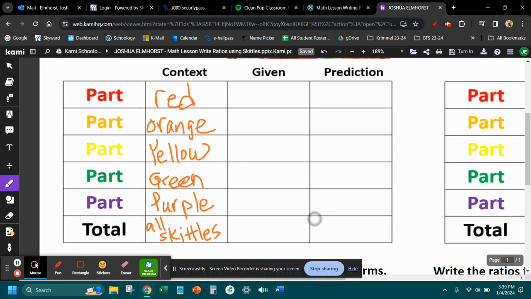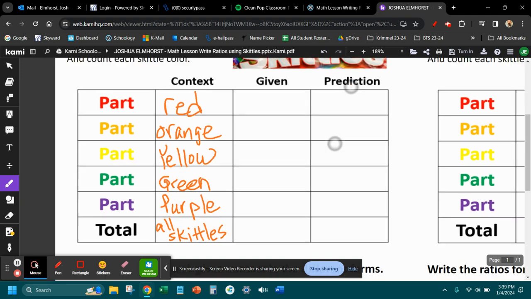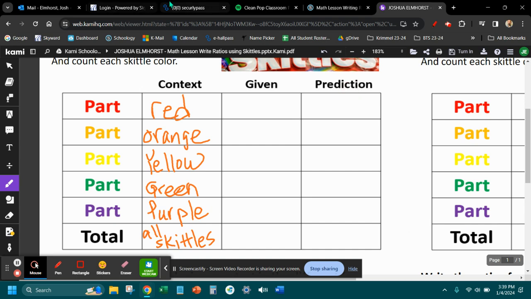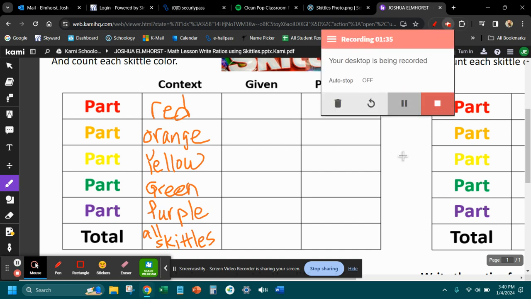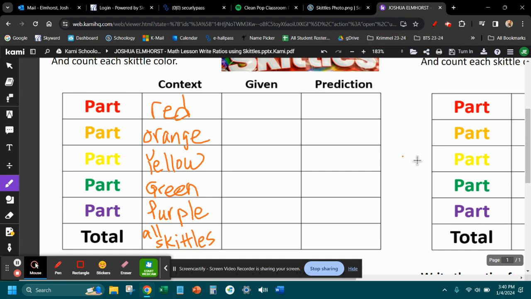So now we have the context set out. Now we're going to look at the given amounts for each one of these. All right, how many red Skittles are shown in the picture? 6. How many orange? How many yellow?